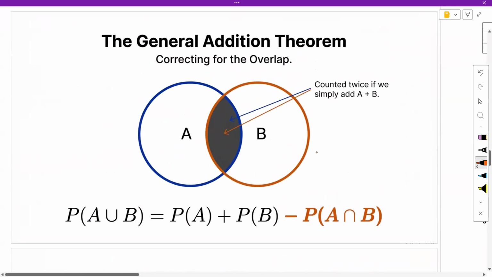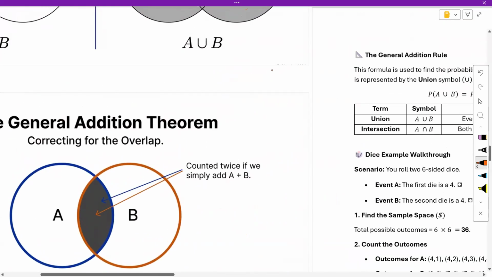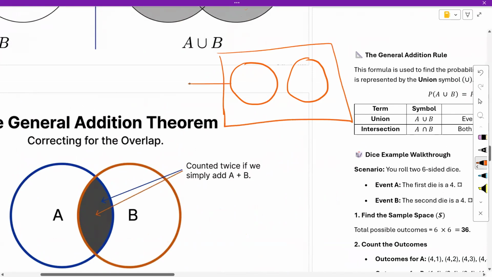And the general addition theorem. If the trial is mutually exclusive, we should draw the Venn diagram like this. This is mutually exclusive: this is event A, this is event B, and there is no intersection.